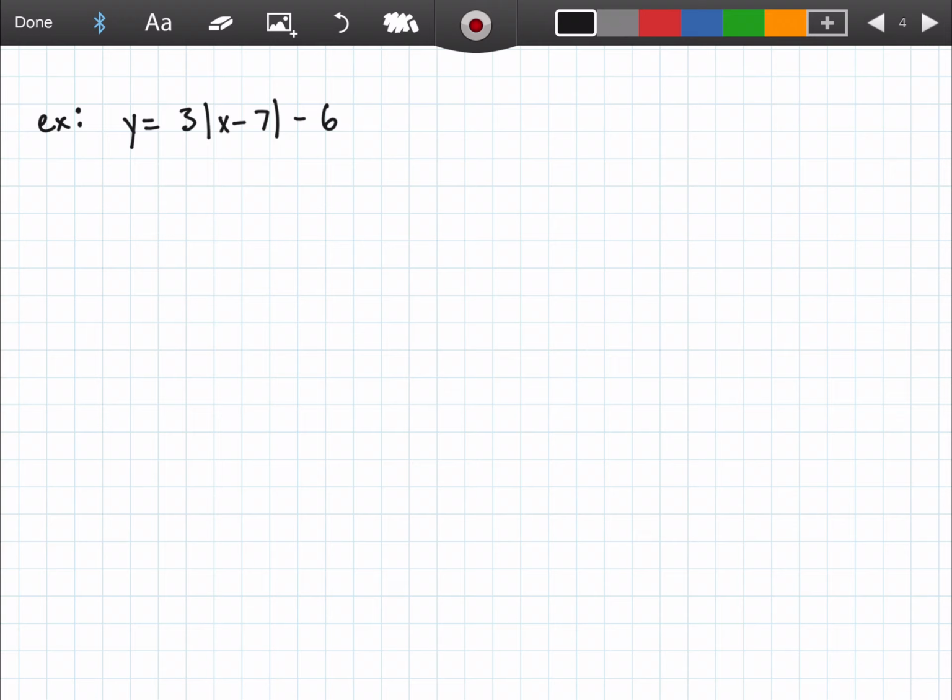You have to name the transformations. I'm going to do 2 examples. Okay, so for my first example, because the A value is 3, which is bigger, we're just going to call it a vertical stretch of 3.